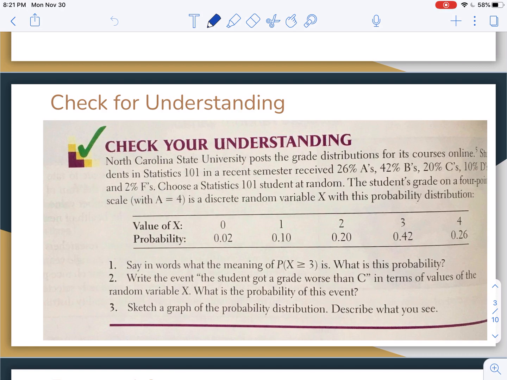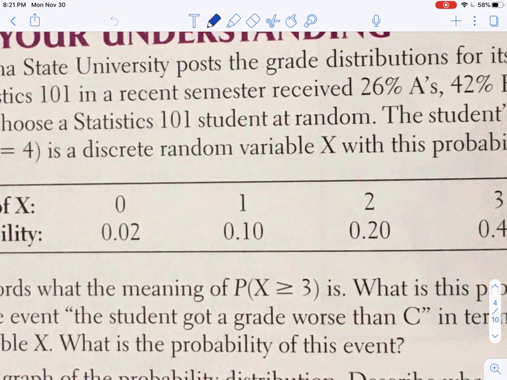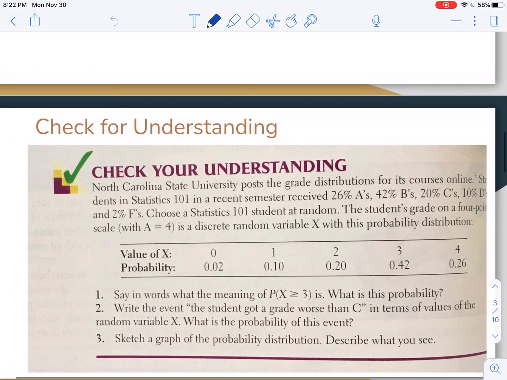Say in the meaning of words what P of X greater than or equal to 3 is. So this is the probability of the grade being a B or higher. B is associated with 3, A is associated with 4. We're saying all grades equal to B or better. What is the probability of a student earning a B or better?